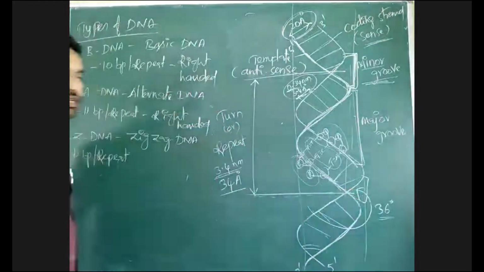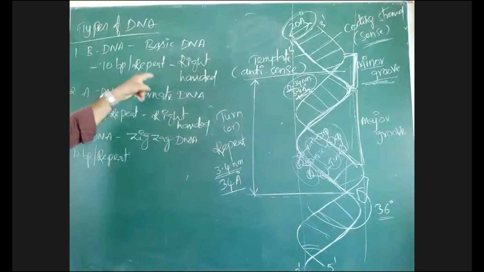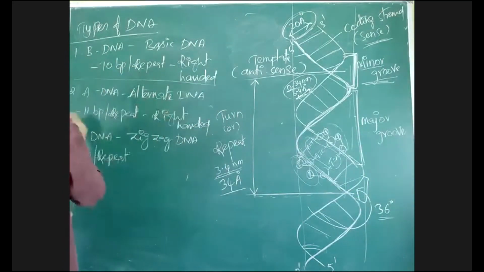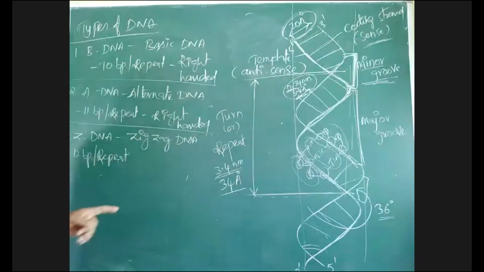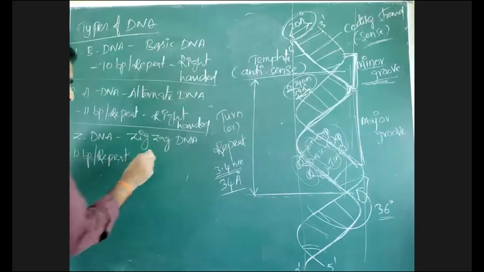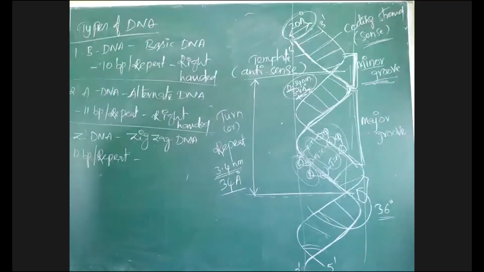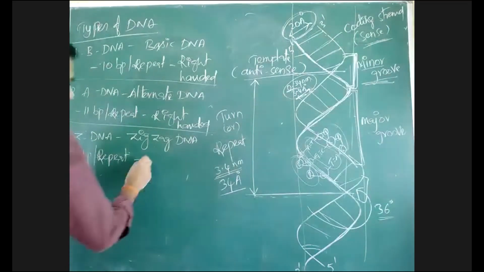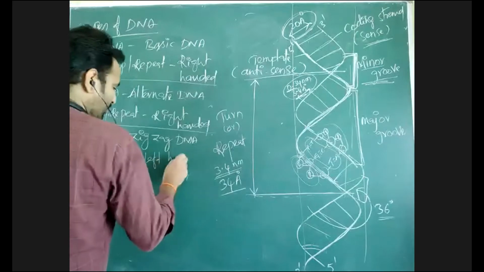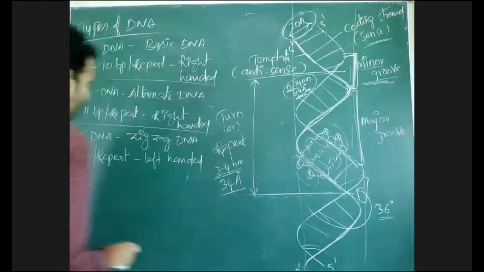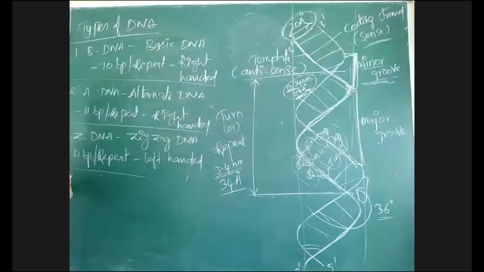In one repeat in bDNA, 10 base pairs are present, whereas in aDNA there are 11 base pairs. In zDNA there are 12 base pairs. This is a left-handed helical structure.